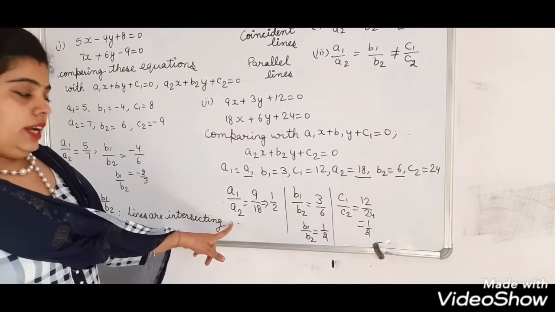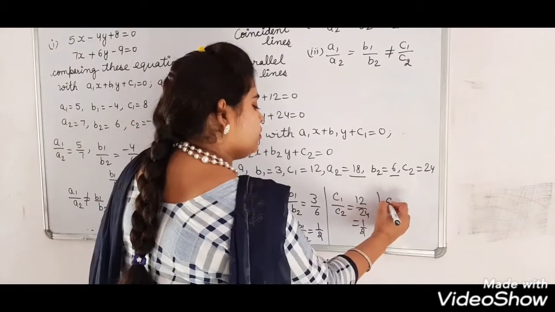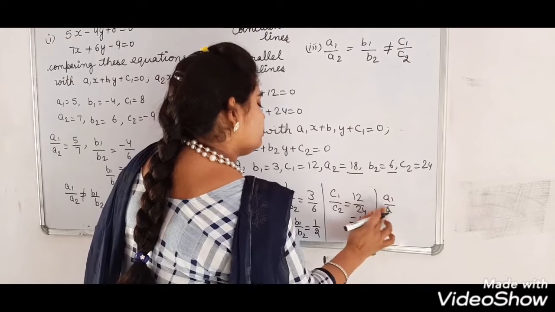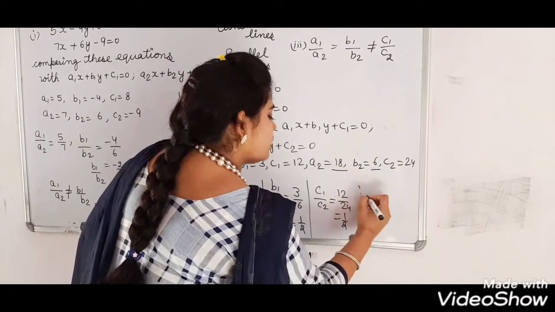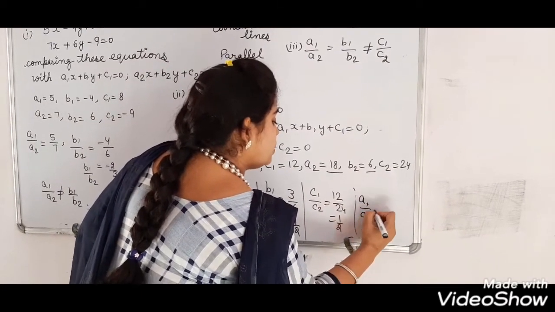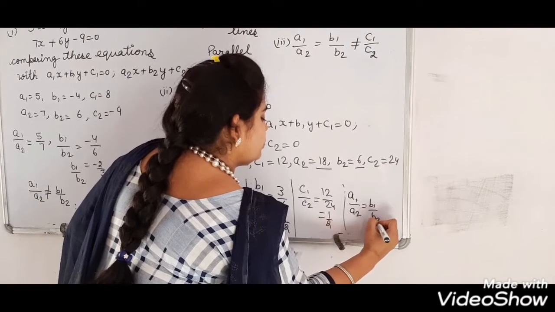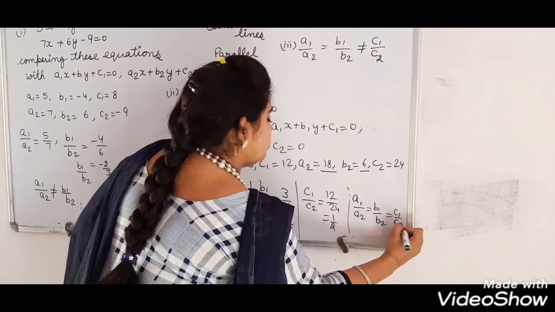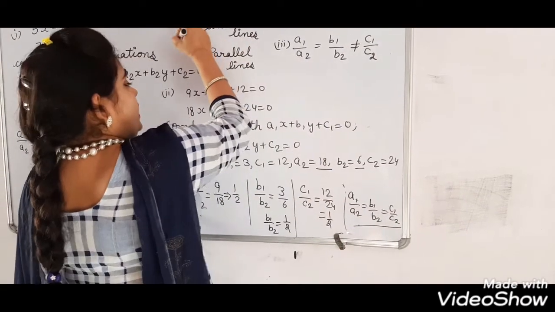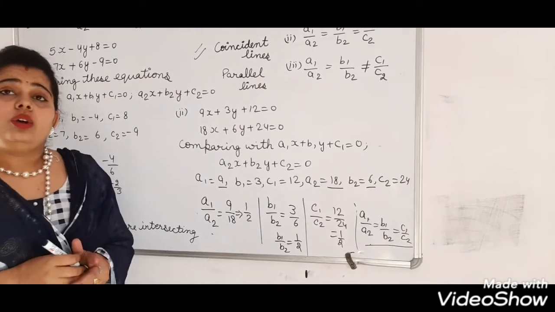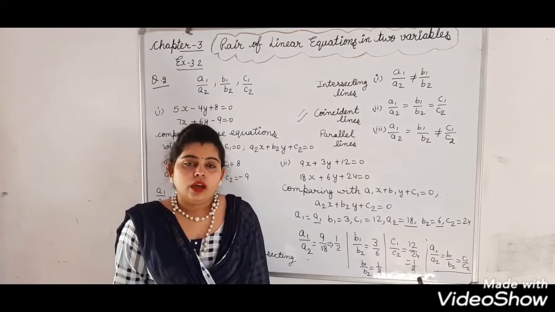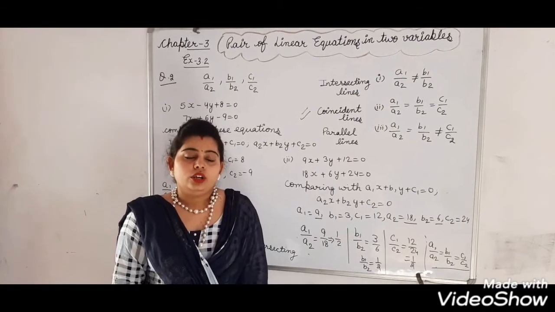Because all are equal, a1 by a2 is equal to b1 by b2 is equal to c1 by c2, means they are following second condition, means lines are coincident. Now do its third part yourself.